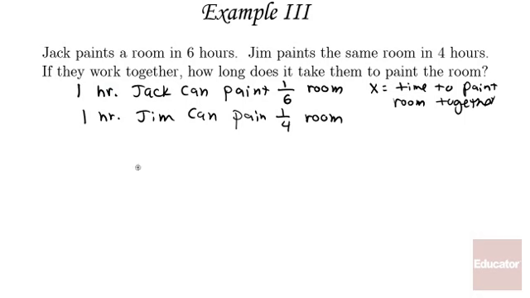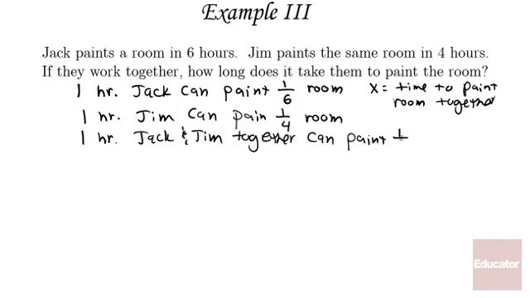I don't know what that is. In 1 hour, Jack and Jim together can paint 1/x of the room. This allows me to write an equation. So in an hour, Jack can paint 1/6, Jim can paint 1/4, and together they can paint 1/x.